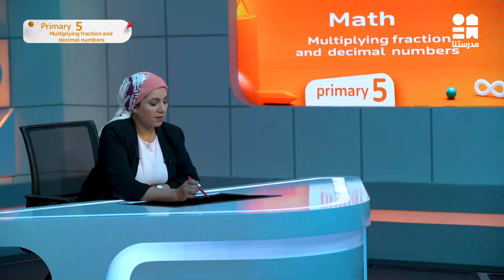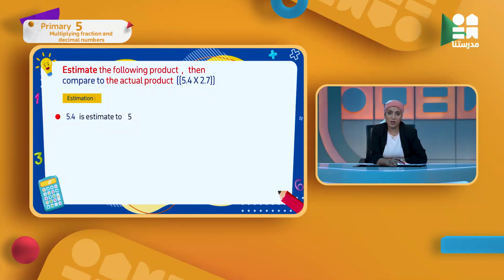Is it closer to the 5 or closer to the 6? It's closer to the 5 because the 4 comes before the 5. It's in the weak area, so it's closer to 5. And the 2.7, the 7 here is strong, so it is closer to 3.